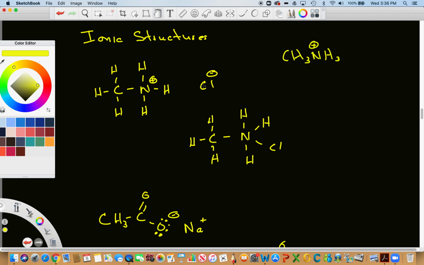And then there's a chloride ion, so this would be an ionic structure here. The attraction between the positive and negative makes an ionic compound, ionic structure. Do not draw it this way, because if you did, nitrogen has 10 total electrons around it. That is impossible.